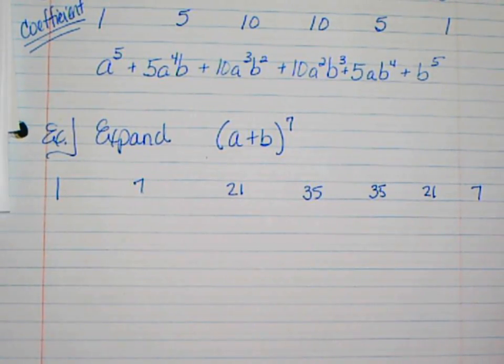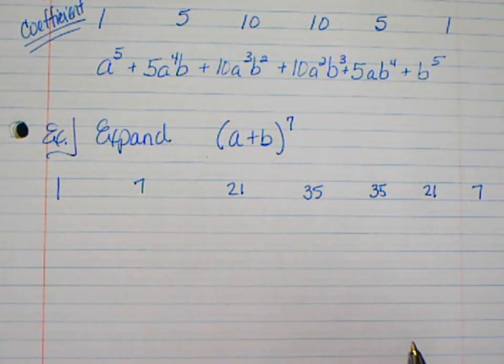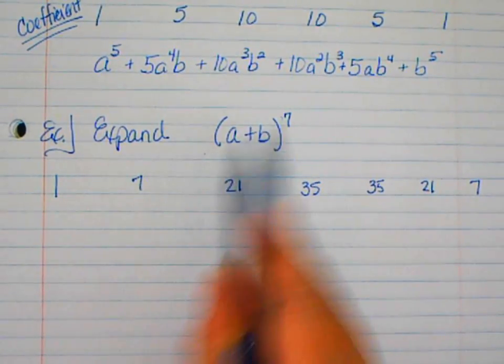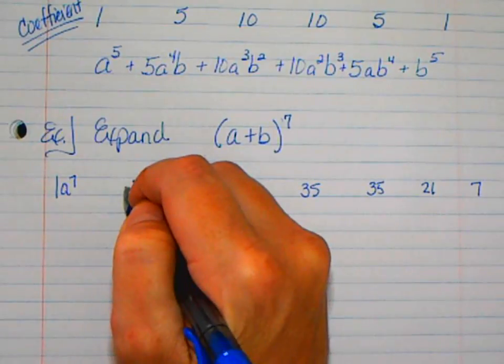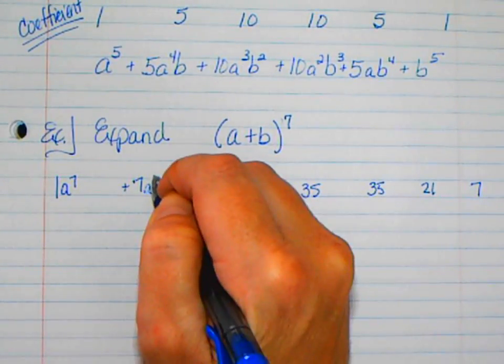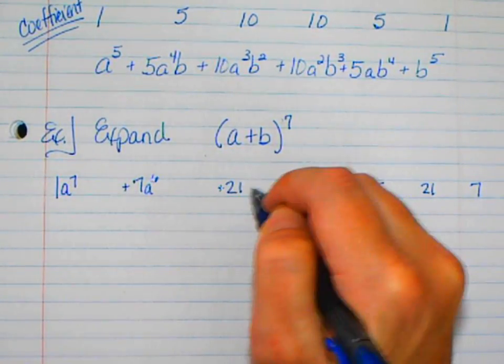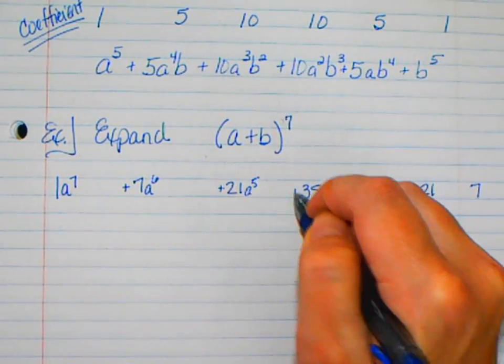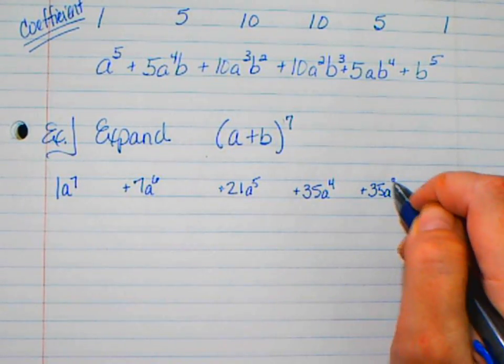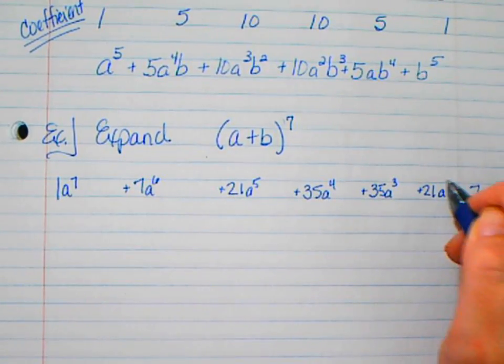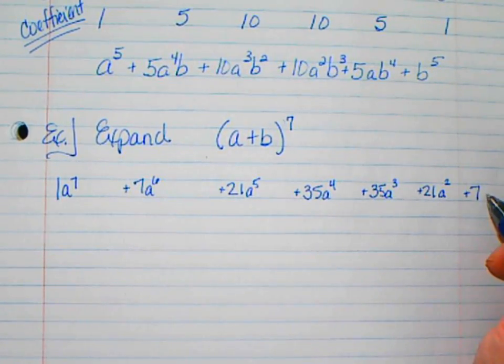And the first term, how many degrees is A going to have? A to the 7th, right? Your first term has the highest degrees. So A to the 7th, and then A to the 6th, A to the 5th, A to the 4th, A cubed, A squared, A, and then the last one's not going to have an A, right?